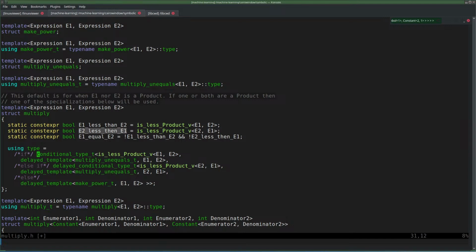So the problem is that this conditional type, despite that this is true, does not stop the compiler from trying to evaluate or instantiate these delay templates. I think.